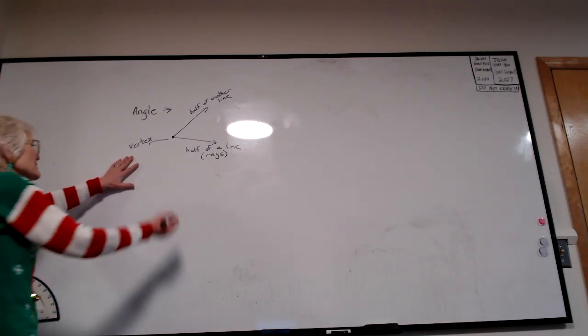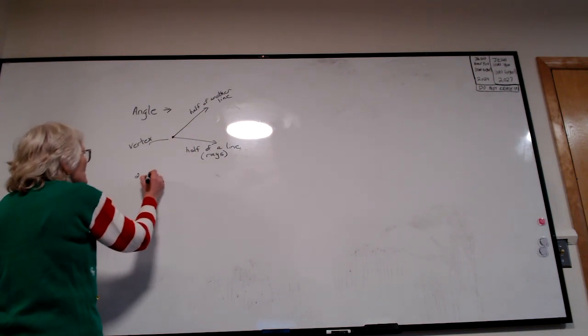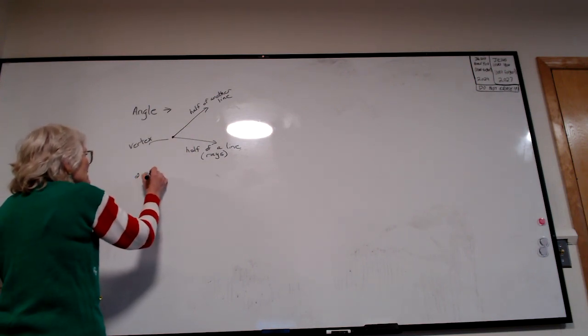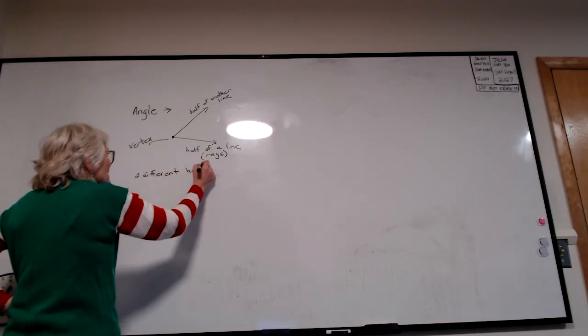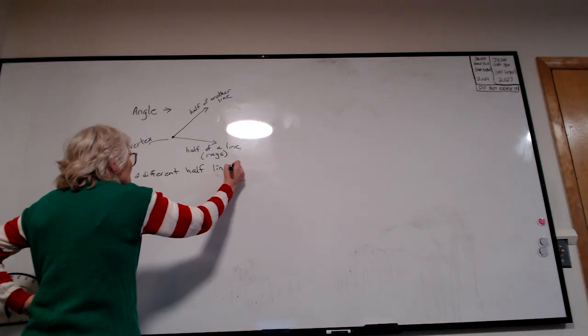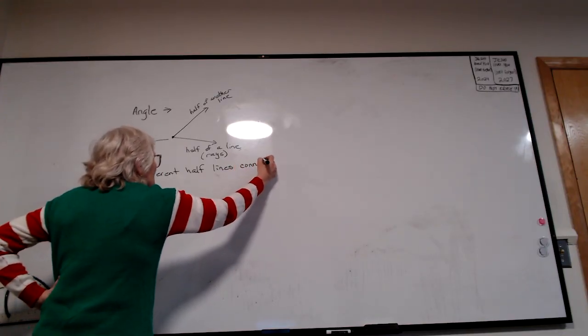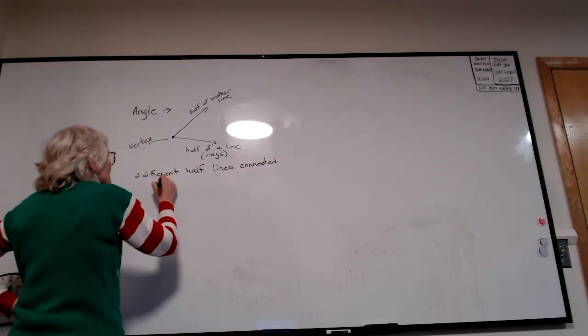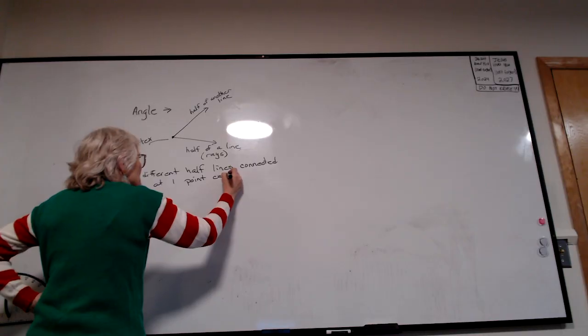So they're different lines, two different half lines connected at one point called the vertex.